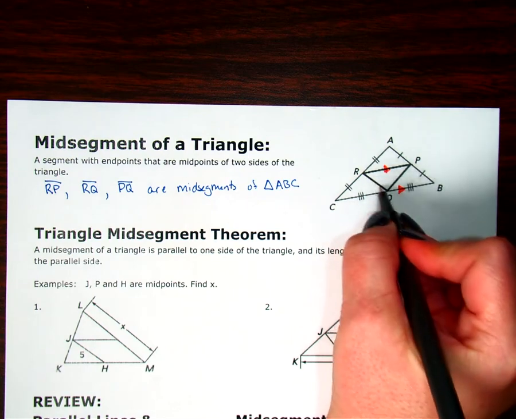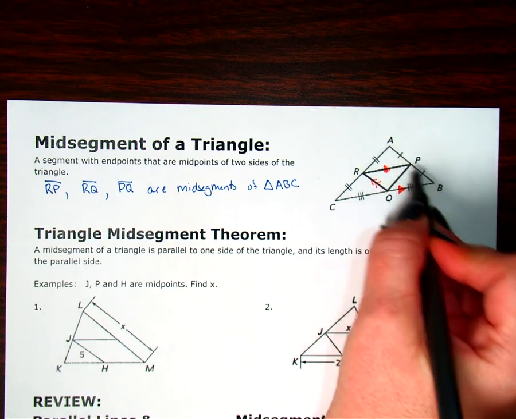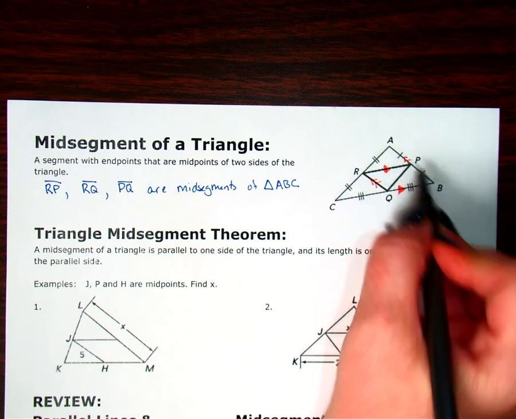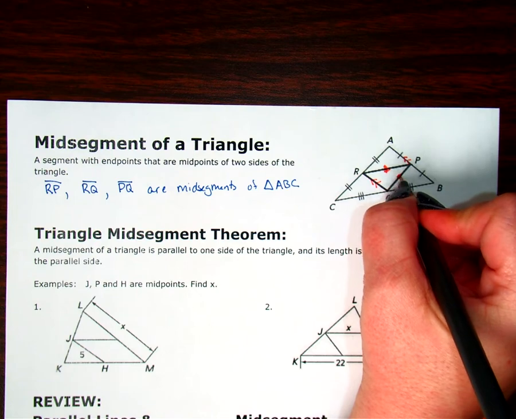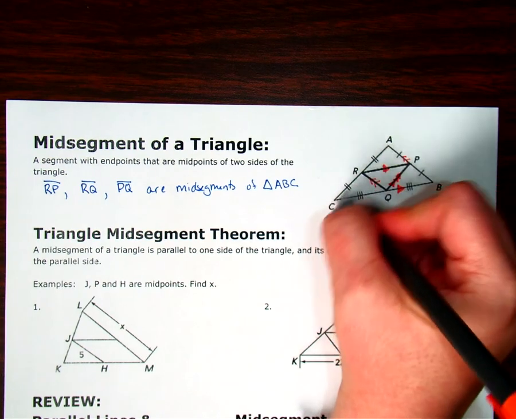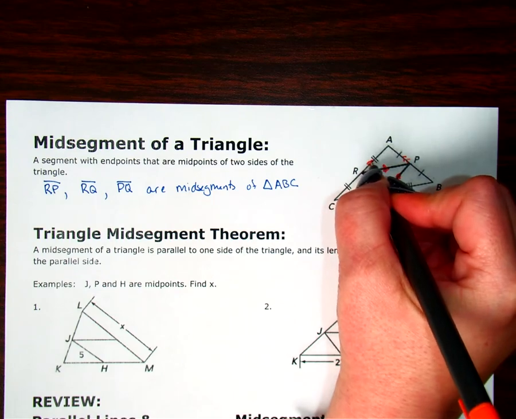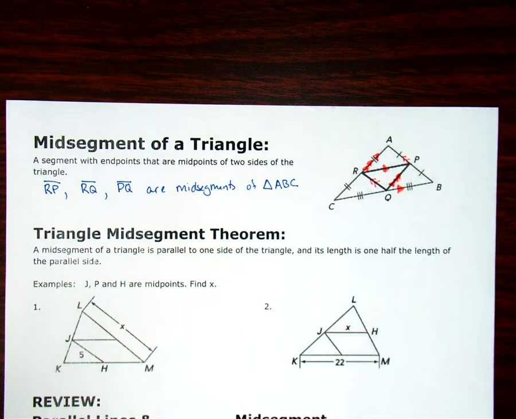Okay? RQ is going to be parallel to AB. And PQ is going to be parallel to AC. I'm just putting my matching parallel symbols. Okay? But that's not it.